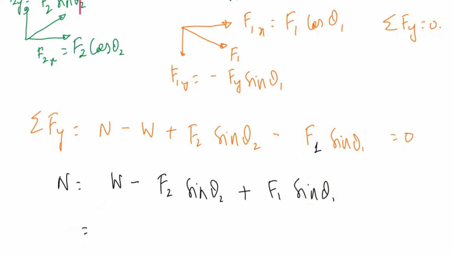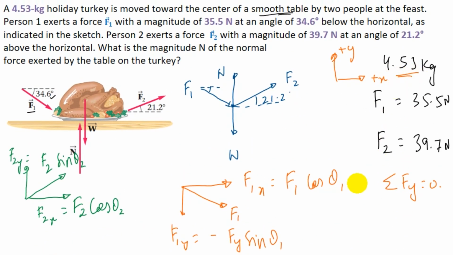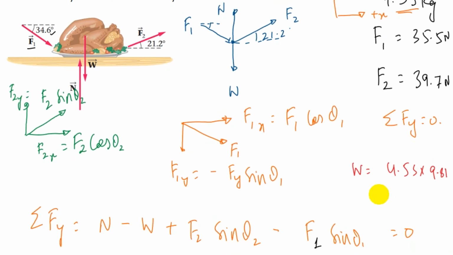Now the weight of the object W is equal to mg. Mass is 4.53 kg, so weight would be equal to 4.53 multiplied by 9.81, which is equal to 44.4 Newton.